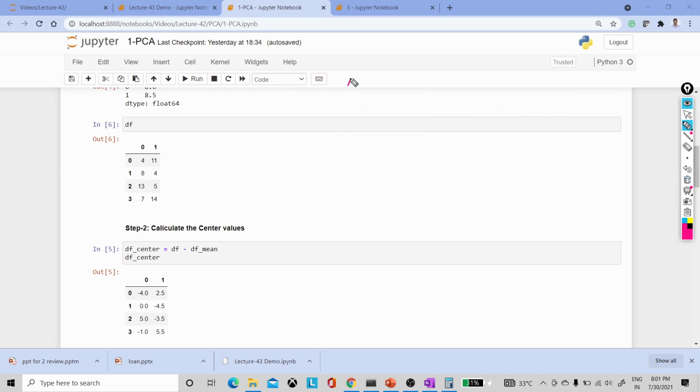We need to calculate the first dimension, which means we convert the second dimension to the first dimension. For that we have to calculate the first principal component values. For that purpose we take the normalized eigenvector values, that is nothing but 0.5574 and minus 0.8303.